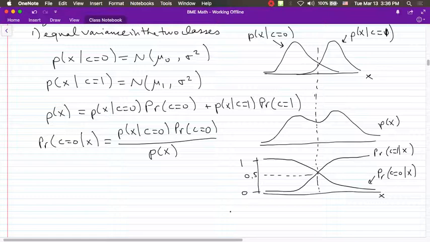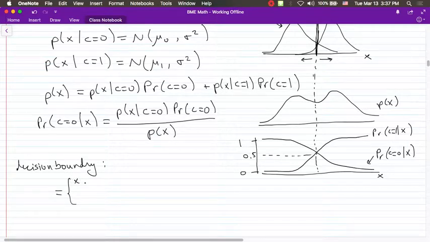Does that make sense? Okay, so this is called a decision boundary. This line that I drew says that things that are smaller than x here, I'm going to classify as class 0. Things that are bigger, I'm going to put as class 1. And so my decision boundary is as follows.